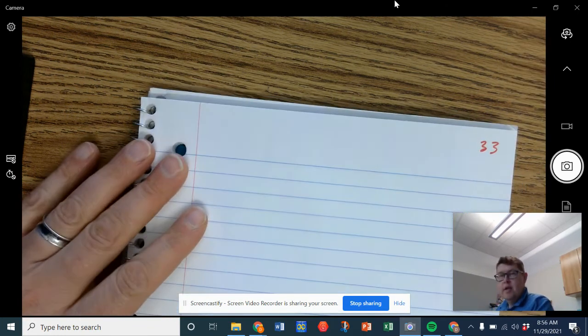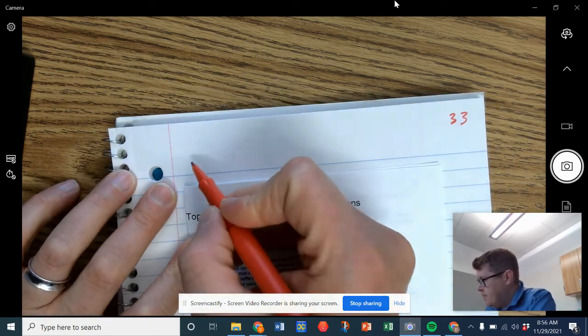This is going to be 3-1, understand relations as functions.